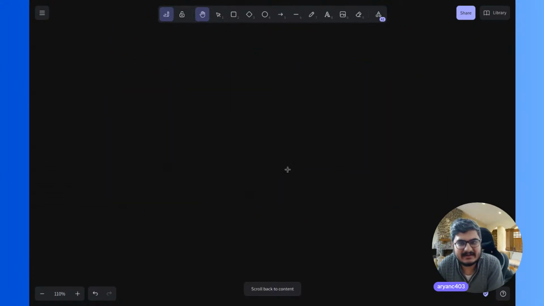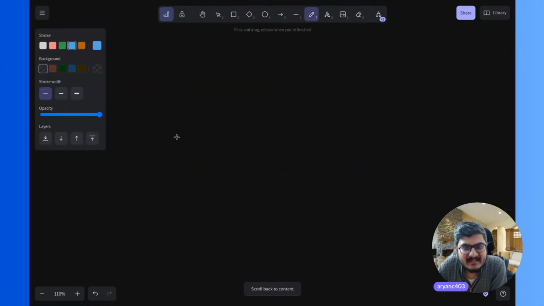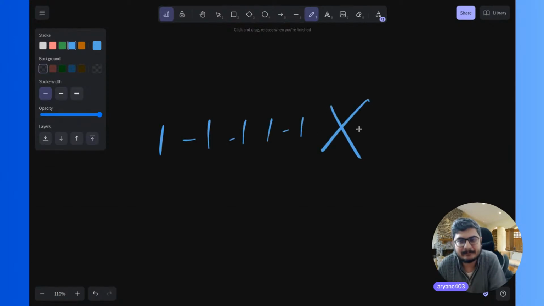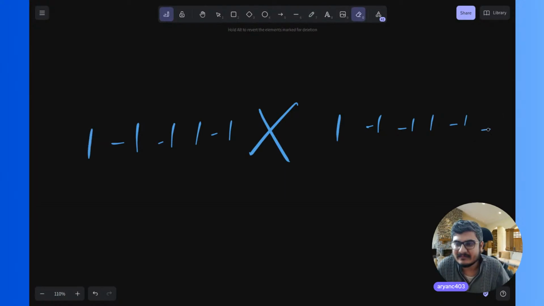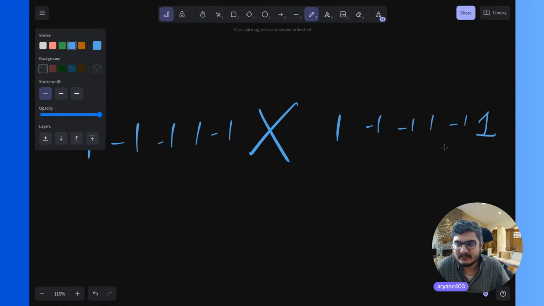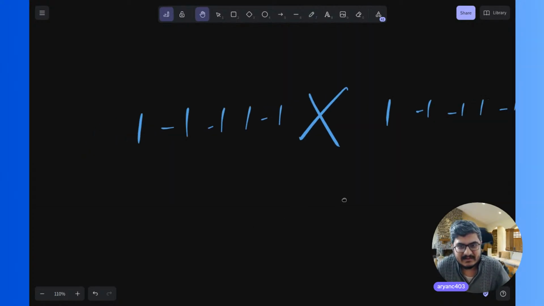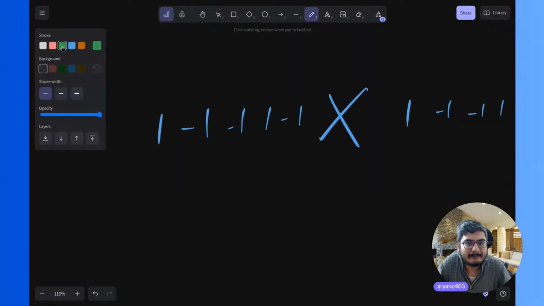Okay, so our array looks like this. We have some values 1, -1, -1, 1, -1. Then there is one big element x. And then we have again 1, -1, -1, 1, -1, 1, 1. Now, let's focus on this part.